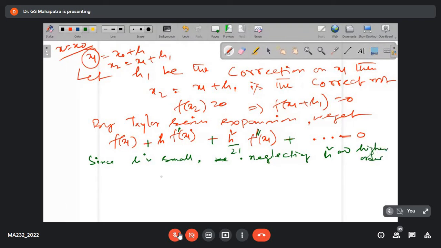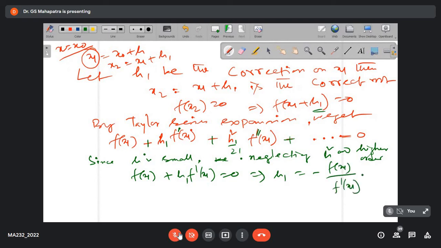We get f of x1 plus h1 f dashed x1 equals 0. That implies h1 equals minus f of x1 divided by f dashed x1. Therefore the improved root x2 is x1 minus f of x1 divided by f dashed x1, and so on.